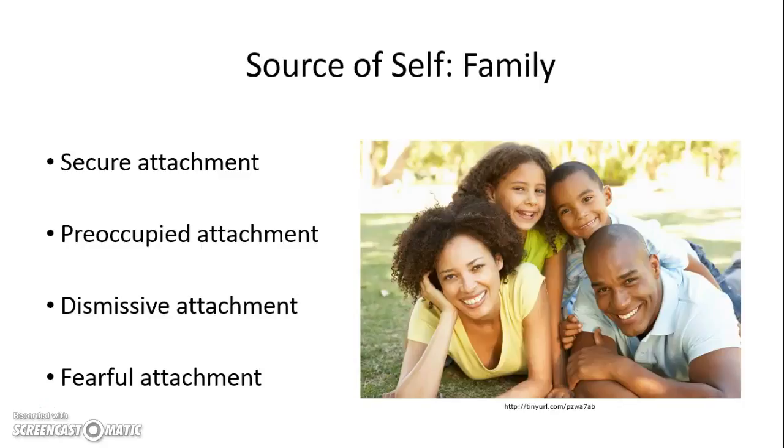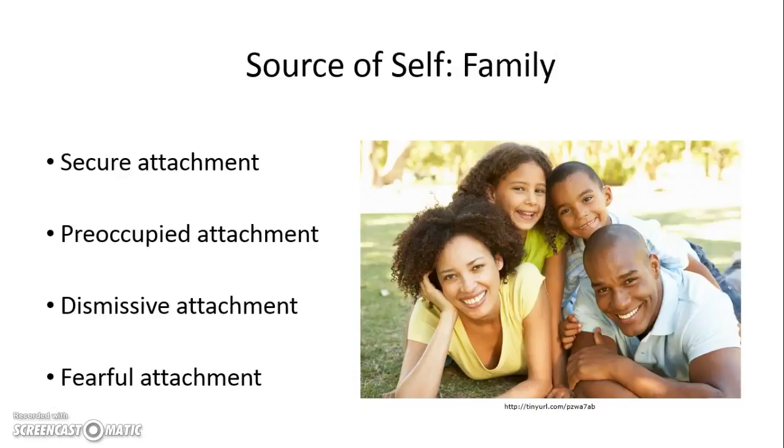So your source of self comes from a variety of places. One of those is your family. Your family is going to have an influence on how you attach to other people. So if you have a secure attachment, you are probably very easily connected to others. You have low fears of being rejected, and you have a strong need for intimacy.